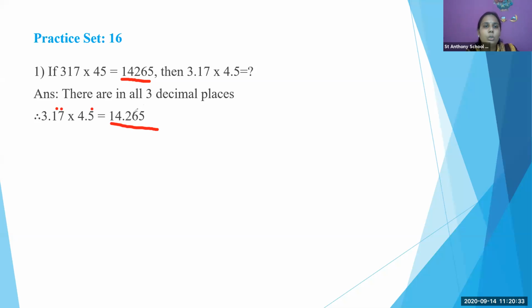So 1, 2, 3, and here a decimal point will be there. 14.265 is our answer. Clear everyone?